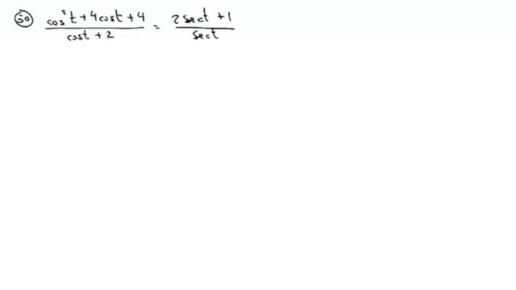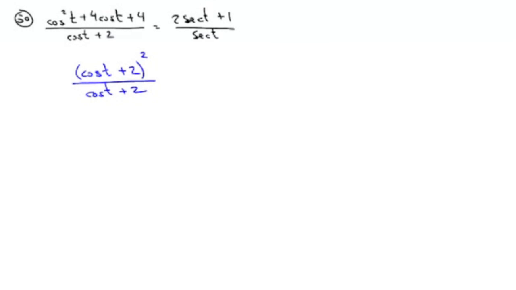Definitely factor. That comes into play. Would it be cosine t plus 2 squared? Yeah. This side, factors of 4 that add up to 4 are 2 and 2. So you're going to get cosine of t plus 2, all squared, over cosine of t plus 2.